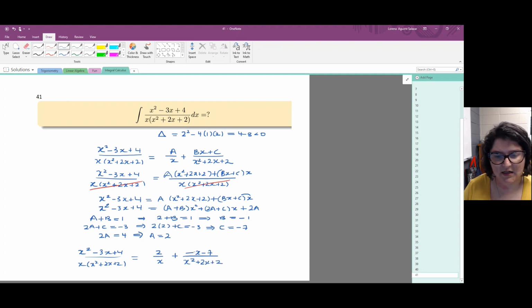And because we have a negative sign both in front of x and in front of 7, we can always factor out that -1 and write this as minus x plus 7 over the quadratic.